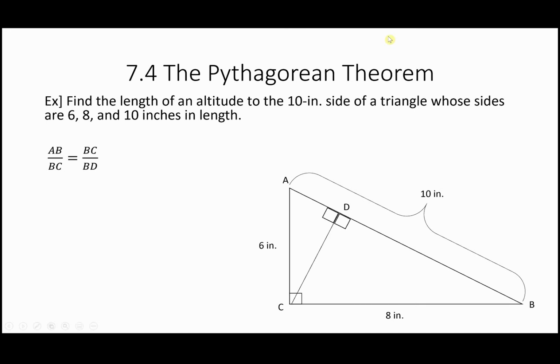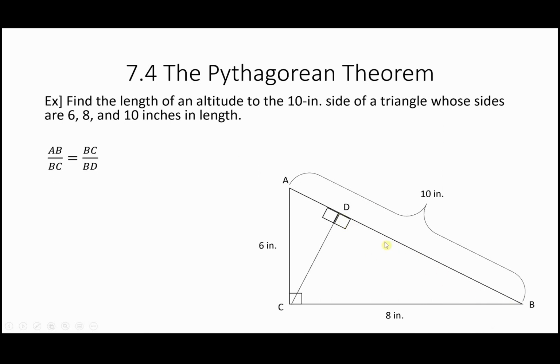So let's first come up with the correct geometric mean proportion that's going to help us along the way. I have chosen the one that relates one of the legs to a segment of the hypotenuse and the entire hypotenuse.